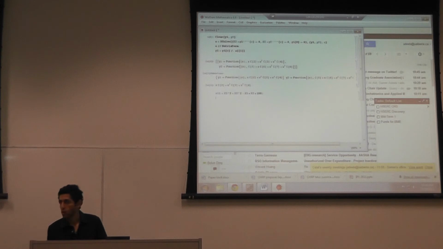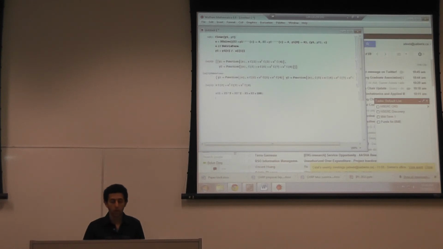Let's say this is my S11, it's a function of x1 and x2. And let's say S22 is equal to another function. Let's say it's the same for now, S12.